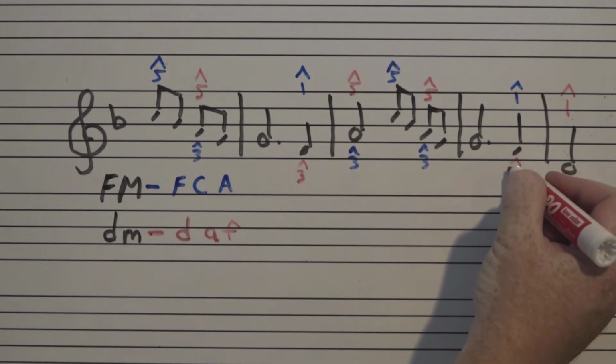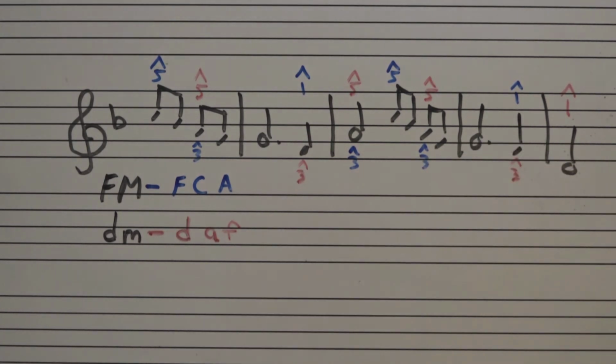And 1 right here, scale degree 3. So those are especially the important notes for each of those key signatures. And hopefully you're already seeing something that will help you determine what key it's in.